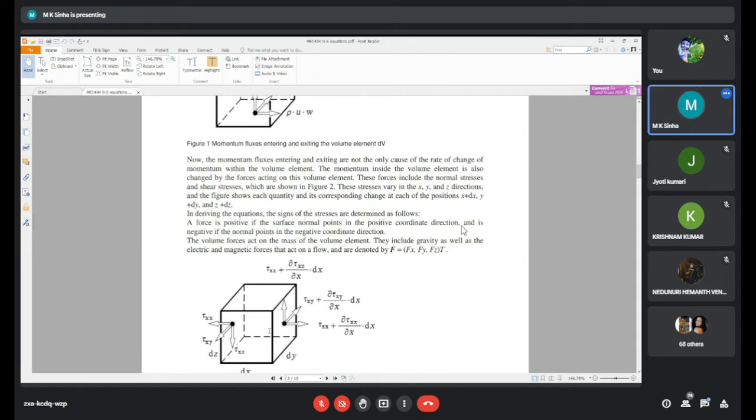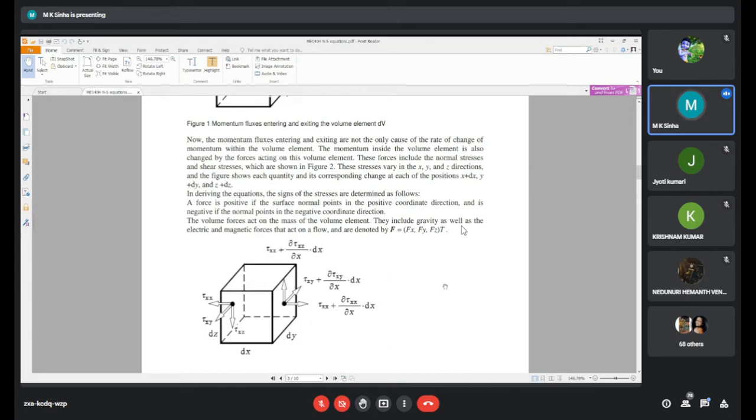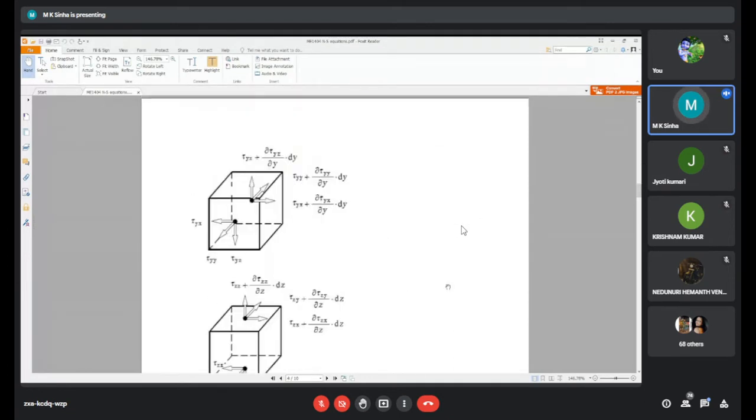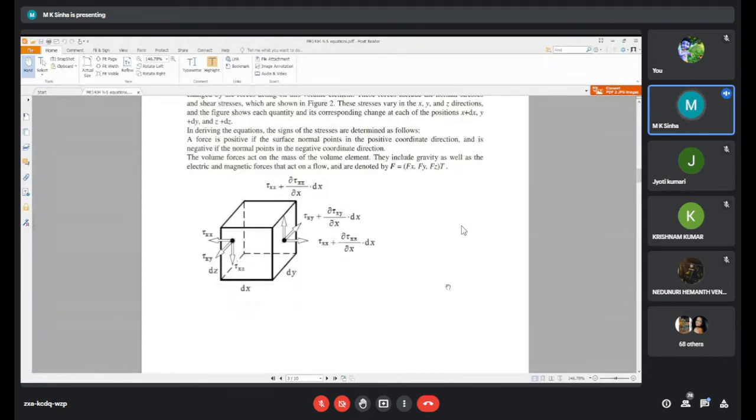They include gravity as well as electric and magnetic forces that act on the flow, and are denoted by the generalized force F, with components X, Y, Z. Here the first figure shows the stresses acting on the fluid element along the x-axis.